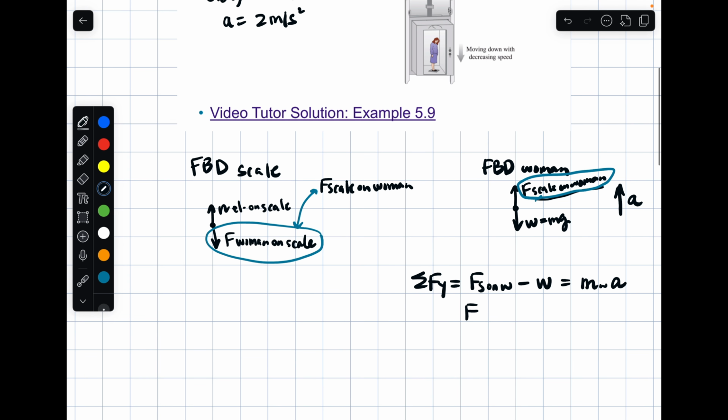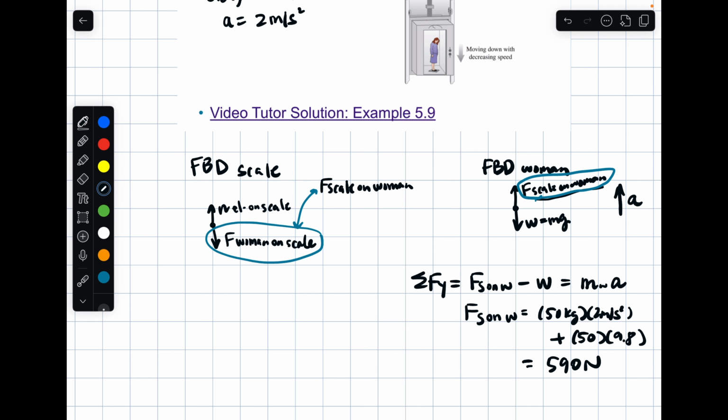So the scale reading, which is the force of the scale on the woman, action-reaction pair, is simply going to be equal to 50 kilograms times 2 meters per second squared plus her own weight. And it's going to be equal to 590 newtons, right?